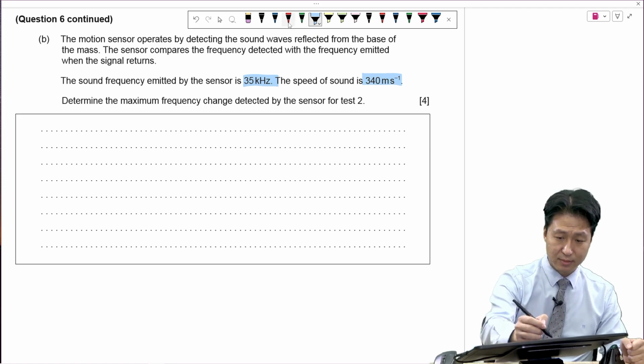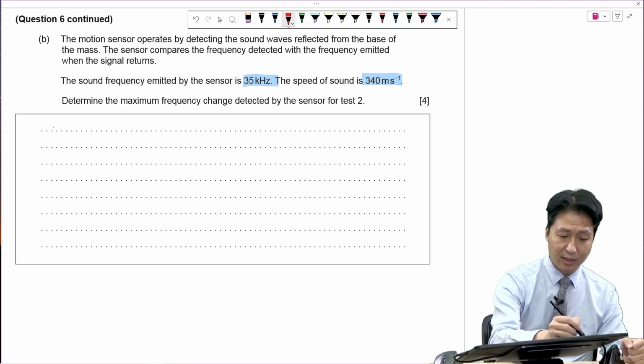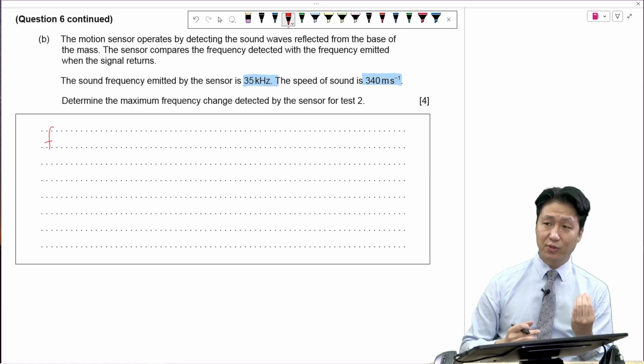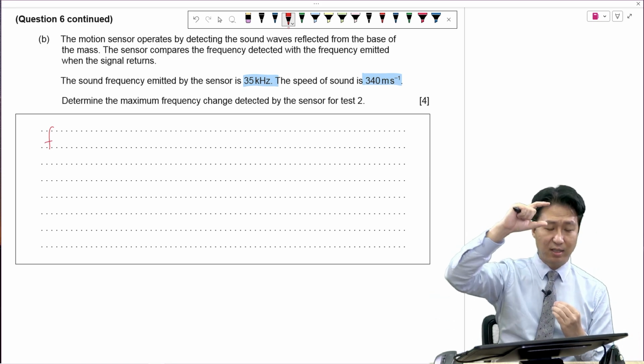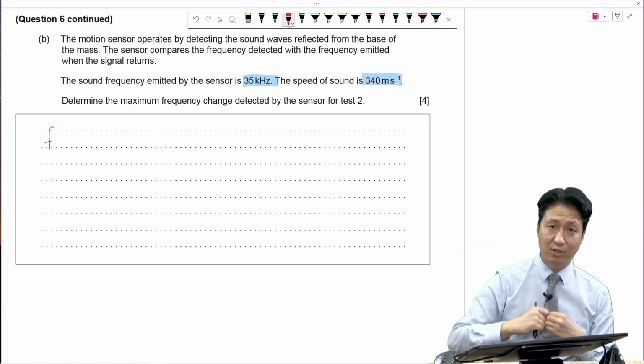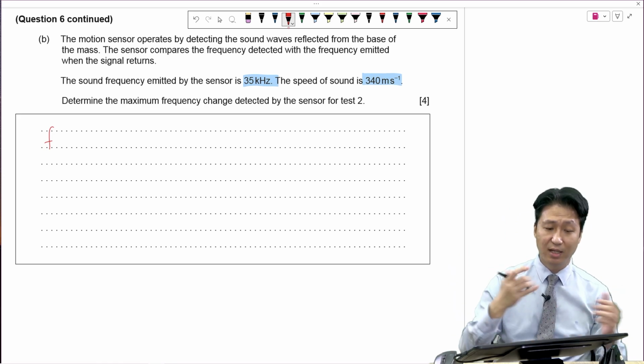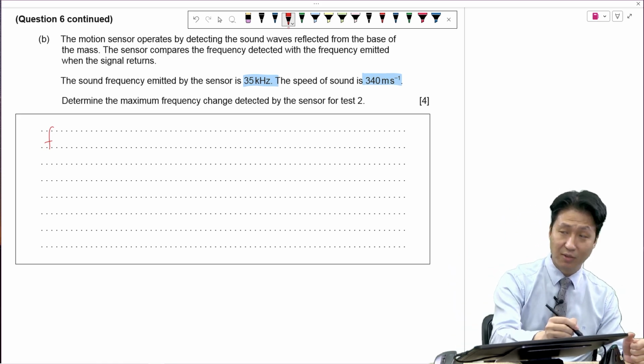So, number 1, first you have the source sending a sound that arrives at the mass. So the mass moving would be a moving observer. So the new frequency would be the initial frequency times the speed of sound plus or minus the velocity of the observer, over the speed of sound.